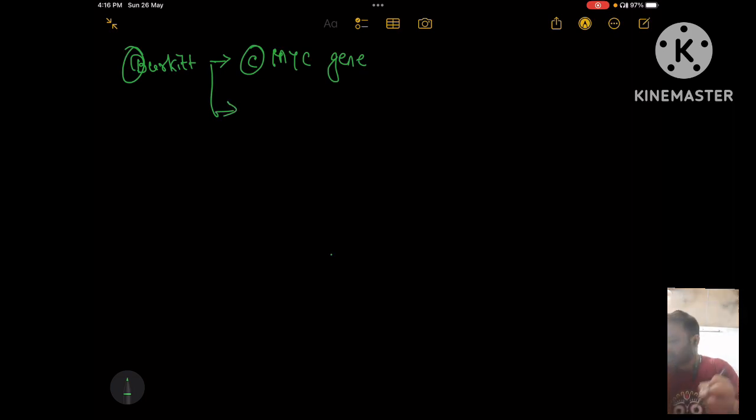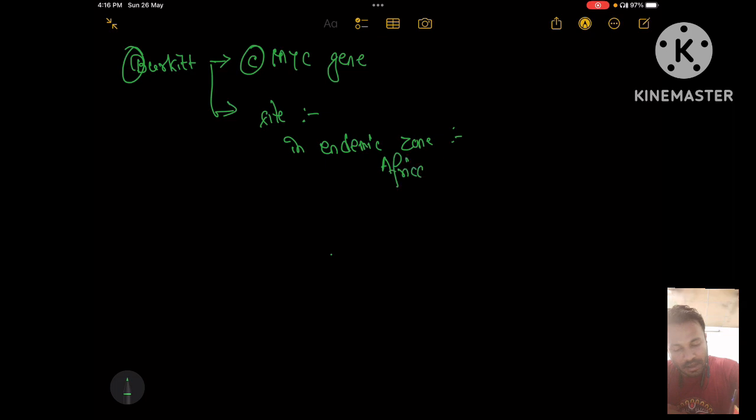Next is site of involvement. In Africa, or in the endemic zone, it is in the mandible.